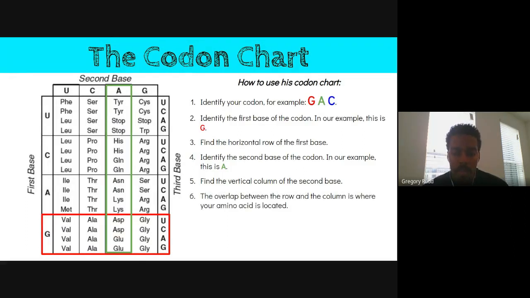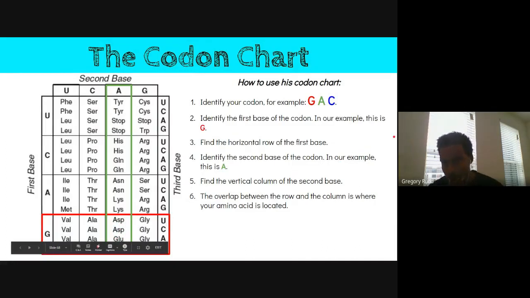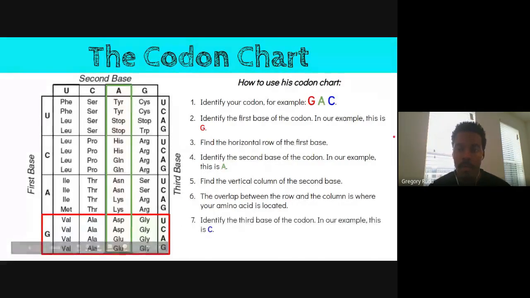the overlap between the row and the column is where my amino acid is located. So now I'm not even looking over here anymore. It can't be valine, it can't be alanine, it can't be glycine. I'm only looking in this section right here. My third base is C, that's the color blue for C. Now I want to look on the right side, and I can see the letter C here.